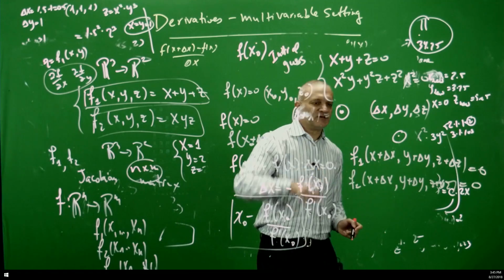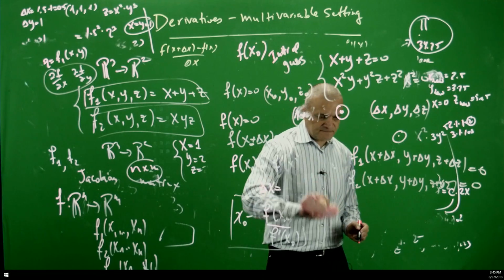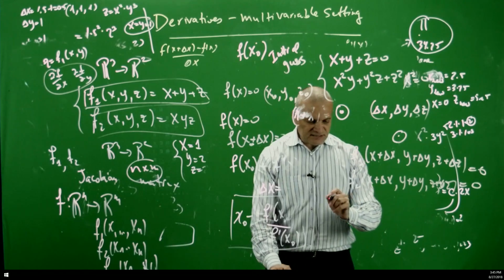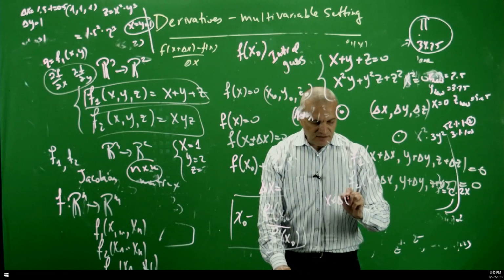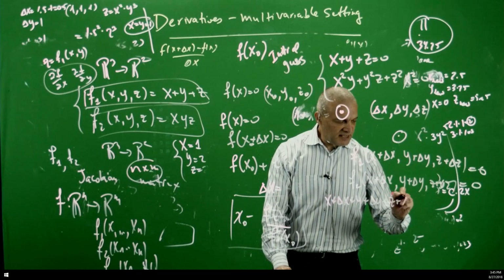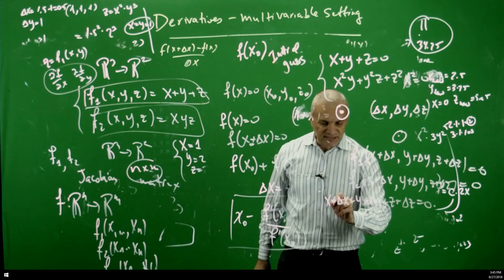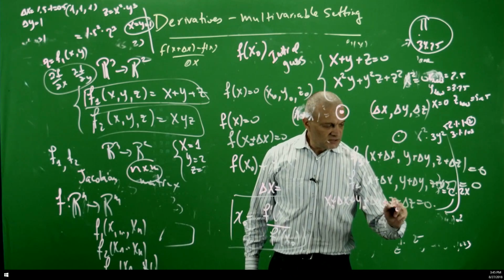What I want is for x plus delta x, y plus delta y, z plus delta z to be closer to 0 than my initial guess, x0, y0, z0.